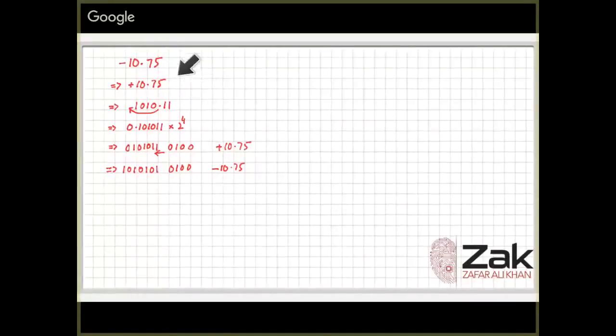So whenever we have a negative number that we have to solve to floating point, first we solve the positive number, and once we get the floating point for the positive number, we keep the exponent the same, and the mantissa up to the first one from the right we keep the same and toggle the rest.